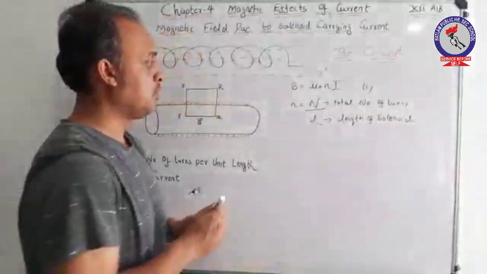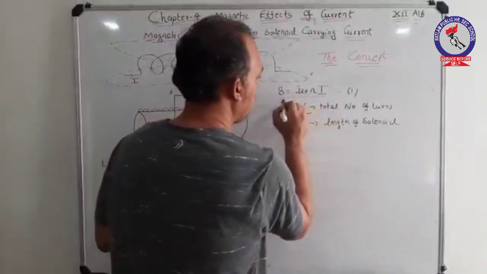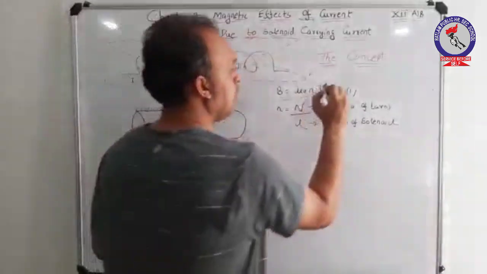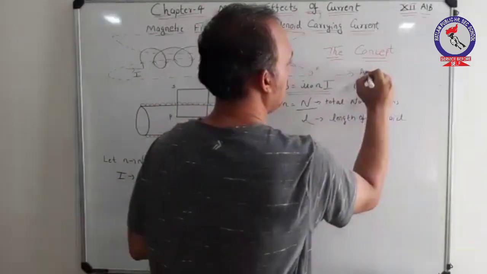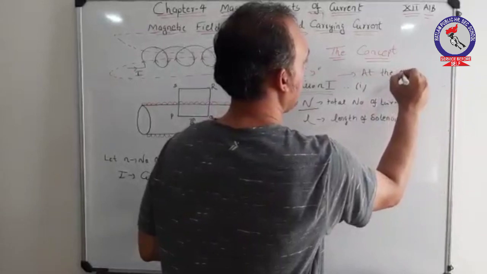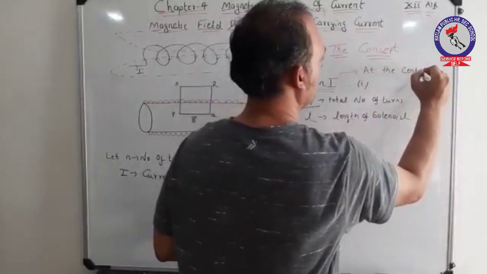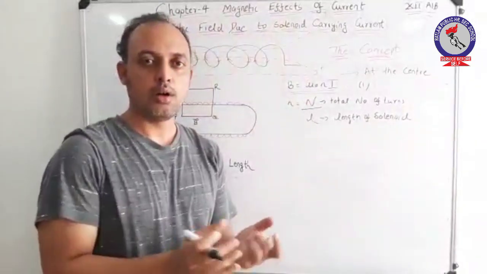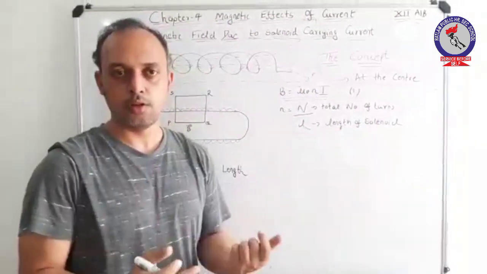So this is the one major concept which is to be remembered. Another important thing, the magnitude of magnetic field which you have just calculated, B equals mu naught n i, is the field at the center of solenoid, which means the field inside a solenoid is in the variable form, and it is very true.